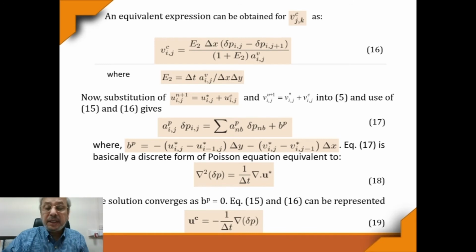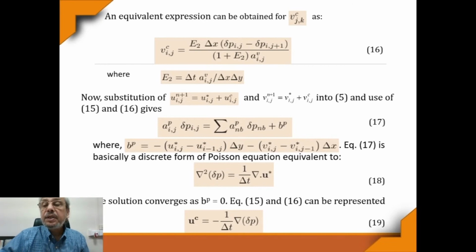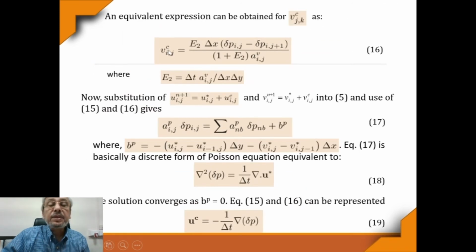Solve it, delta P will be obtained, and then corrections are obtained from equations 15 and 16. As and when delta P is obtained, we can go back to equation 15, u velocity correction, and equation 16, v velocity correction.